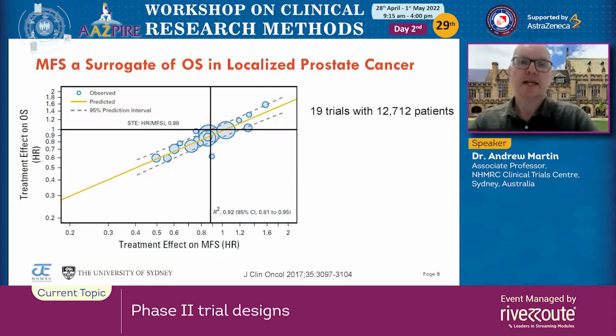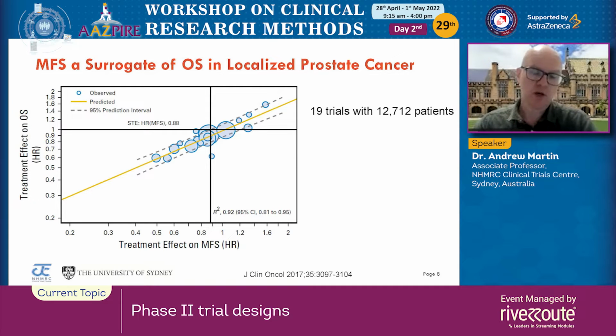But I will talk about an example of some evidence supporting metastasis-free survival as a good surrogate of overall survival in localized prostate cancer. So this is a slide from the ICECaP initiative published in JCO. And this particular slide is showing evidence from 19 trials with over 12,000 patients.